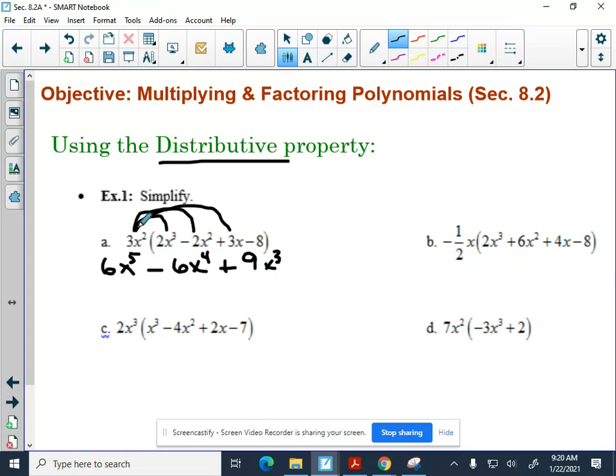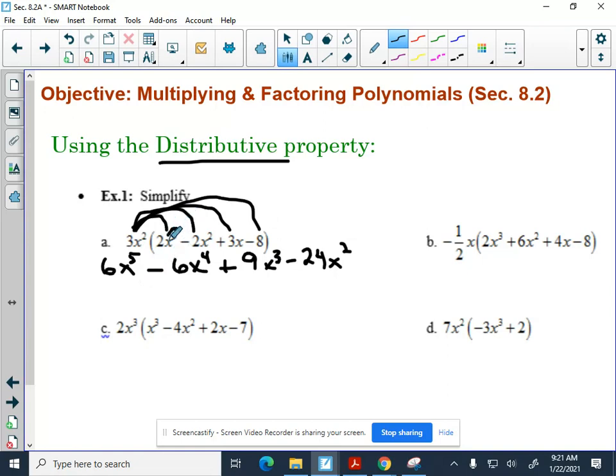And we go x to the 3. Three times 8 is negative 24. X squared. Now again, we would add any like terms, but there were no like terms inside, so there shouldn't be any like terms outside.